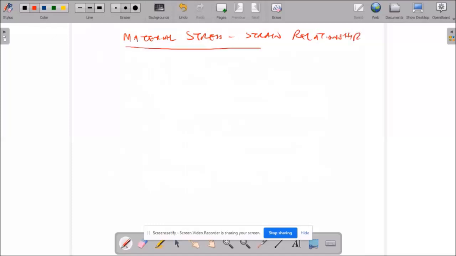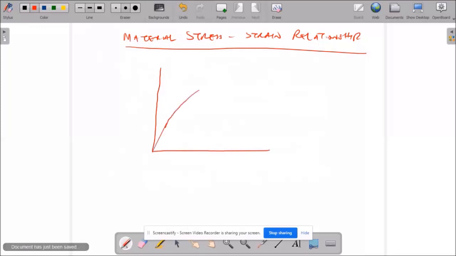So we go ahead and plot the curve. We have a curve from this, which we term as the load deflection curve. So these are the load deflection curve.